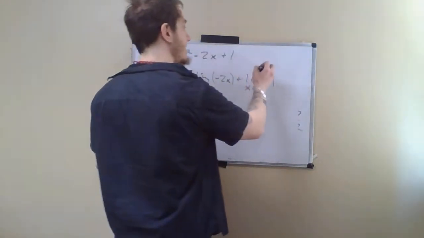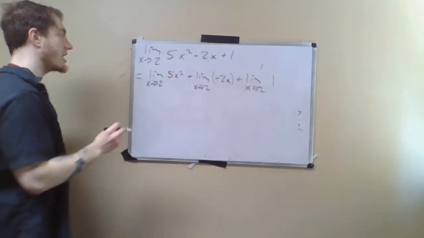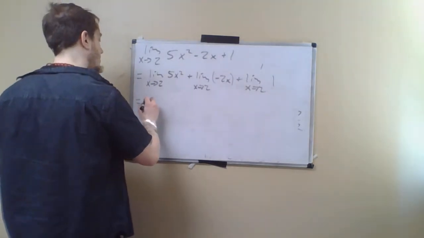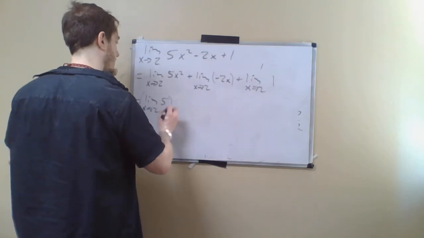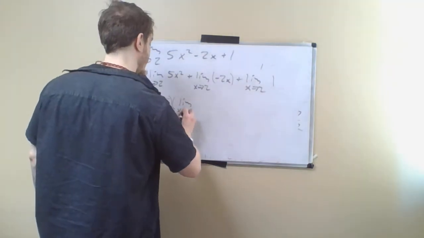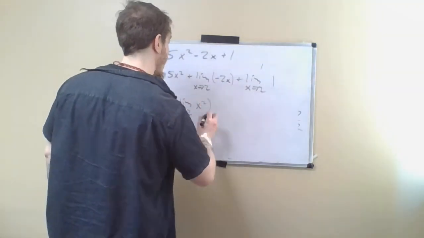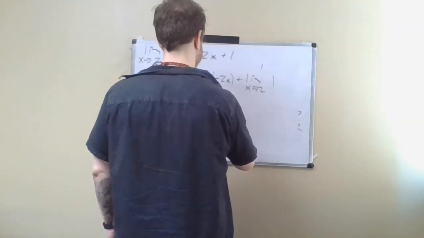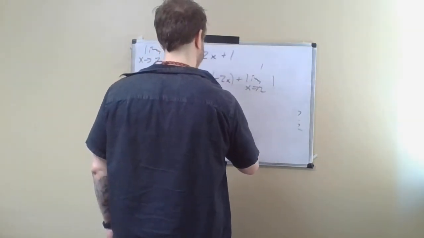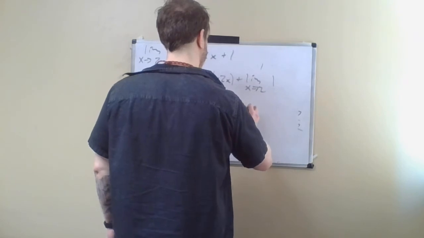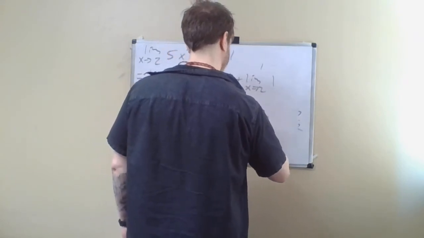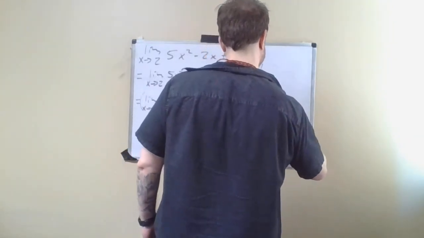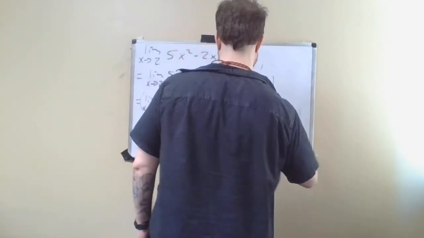This definitely exists, and it's just 1 because this is a constant. And this is going to be the limit as x approaches 2 of 5 times the limit as x approaches 2 of x squared. Then this is going to be the limit as x approaches 2 of negative 2 times the limit as x approaches 2 of x, and then we just have this plus 1.